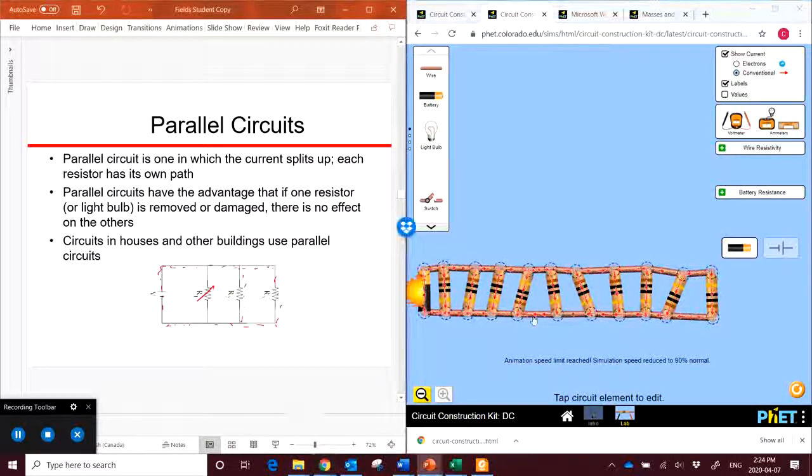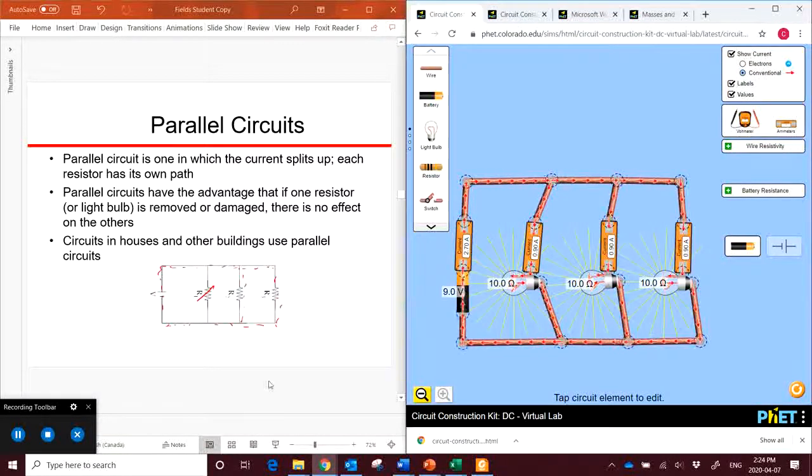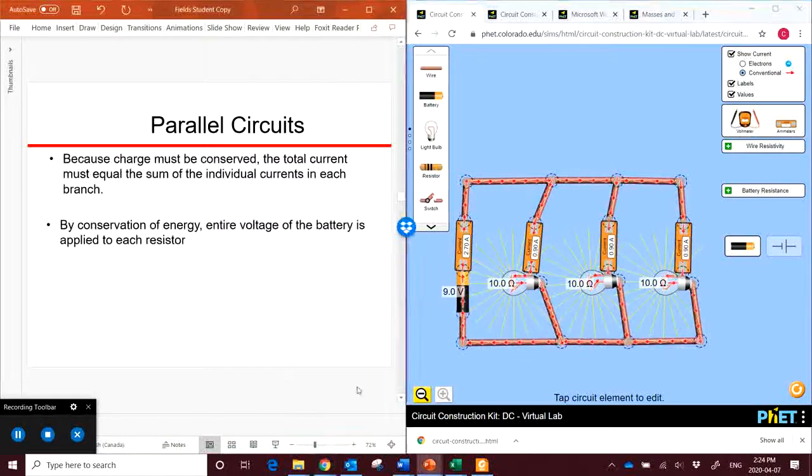Okay, so let's go back and look at a few of our equations here for parallels. Because the charge has to be conserved, we have our conservation of charge. The total current must be the sum of the individual currents. So here we have IT is equal to I1 plus I2 plus I3, or however many different branches we have in our circuit.